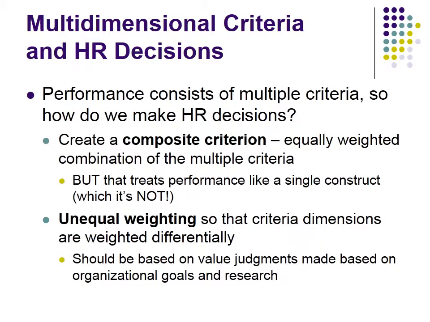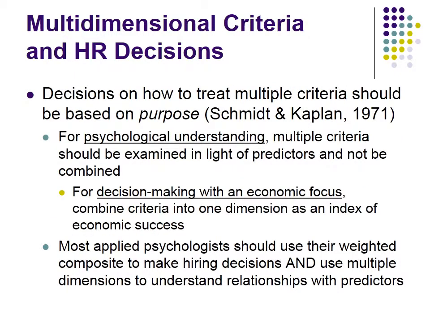If you're deciding who needs to be removed from an organization because of downsizing or other concerns, then you may be focused on only weighting very highly the core task that that job entails. So decisions on how to treat multiple criteria should be based on purpose.